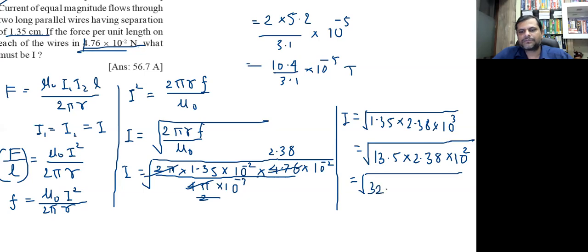So this is 32.13, and that is to be multiplied with 10 raised to 2. Now take the square root of these quickly. It comes out to be 5.668, right, into the square root of 10 raised to 2, simply 10. So finally we get 56.68, and that is in ampere. Yes, 56.7 approximately.